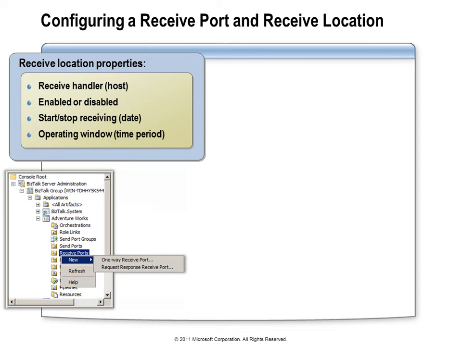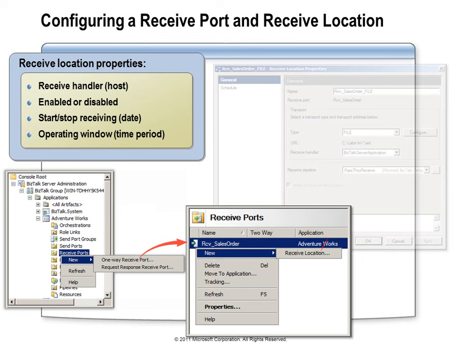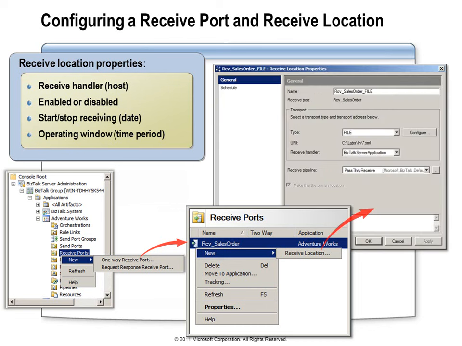Once you've made that choice, you can provide a name for your receive port, and then you will need to add a receive location. And you can do that by right-clicking on the receive port name and then choosing New and choose Receive Location.